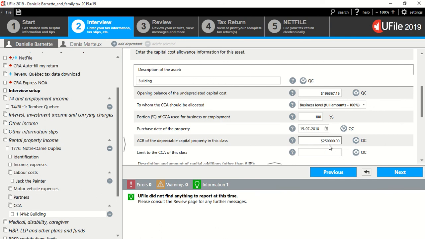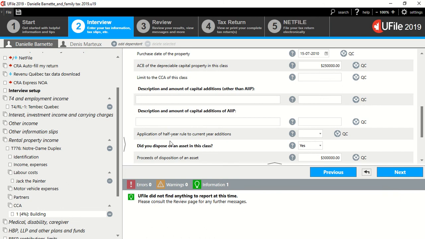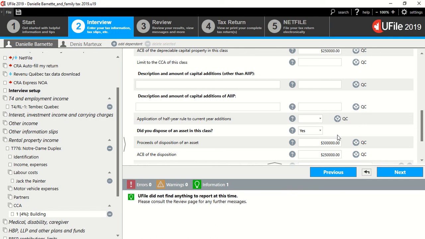The cost of the property is important because it's required to calculate recapture and capital gain, so it is a requirement. Here you go. Did you dispose of this asset class? Yes, in my case. So in the year of disposition, you cannot claim CCA.